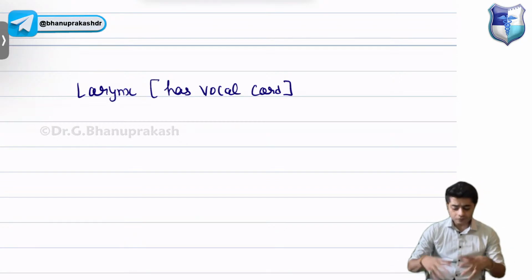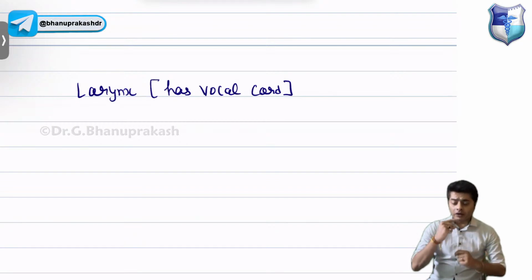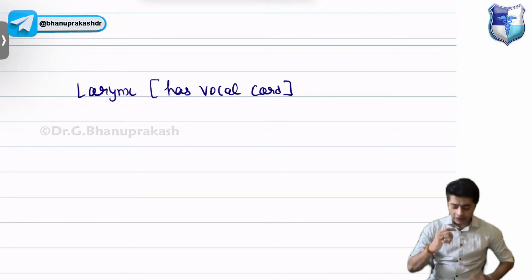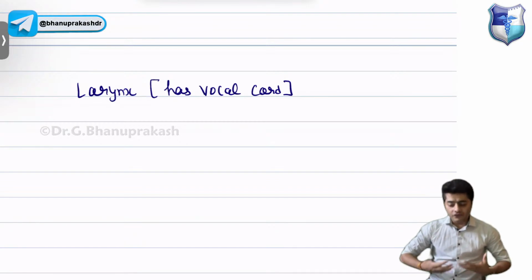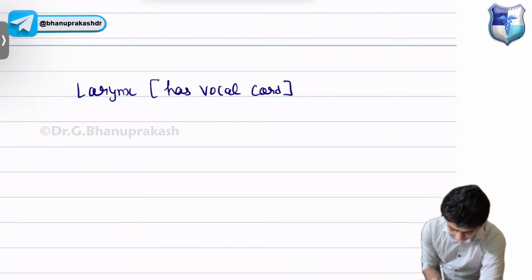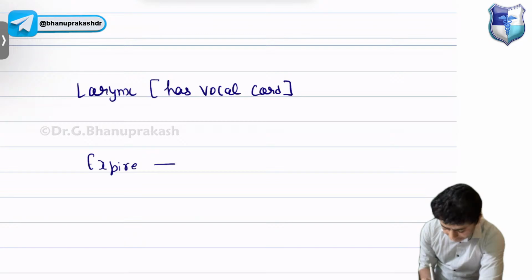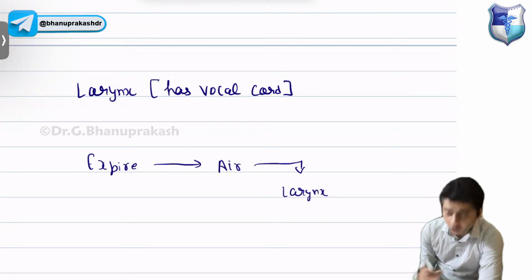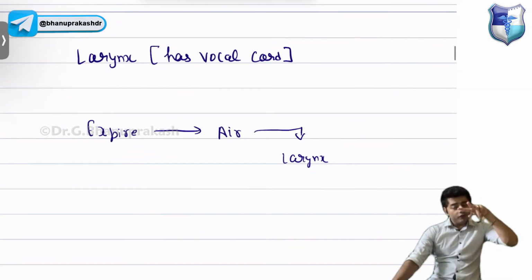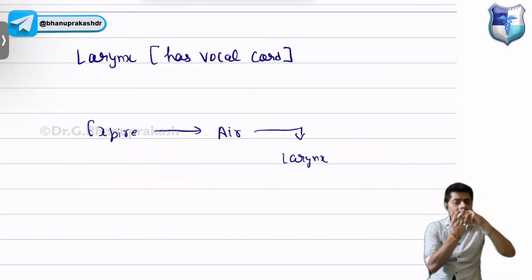Okay, Arun Pal. So first we have to produce a sound. For producing a sound, we have to expire first. This air will go through the larynx. Okay. And when you produce sounds, your vocal cords are closed.